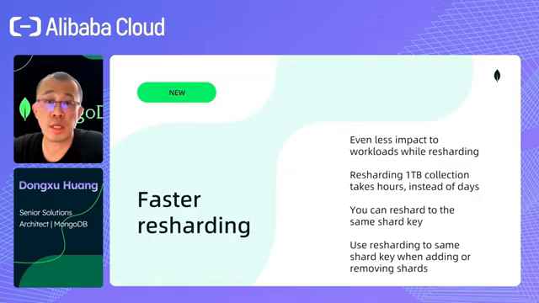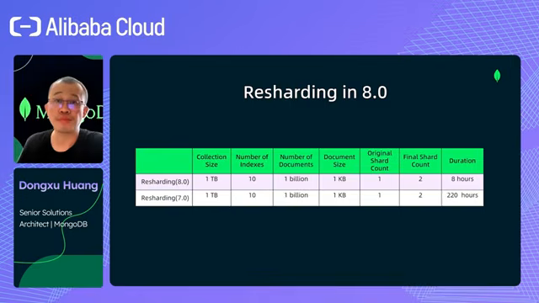In some cases, this means resharding can now be up to 50 times faster than before, allowing you to adjust the resources quickly and efficiently based on the workload need. And since resharding is fully online, it won't disrupt your ongoing operations, and your workload can keep running smoothly without affecting production. Overall, this makes sharding much simpler and more manageable.